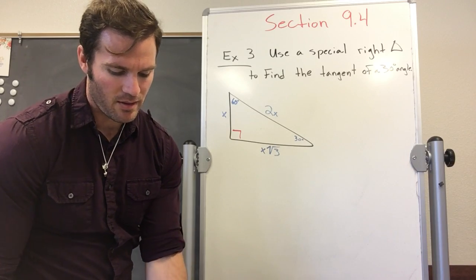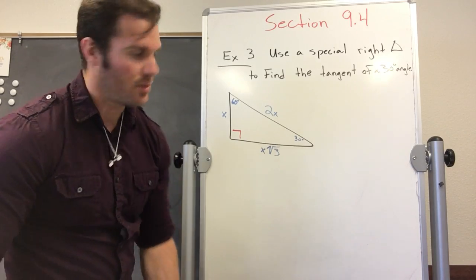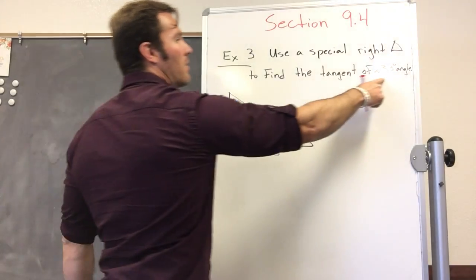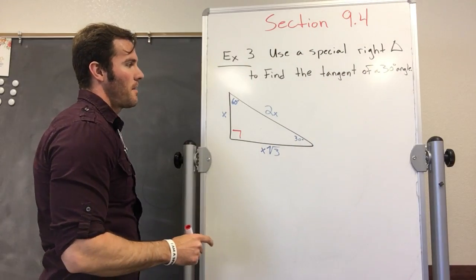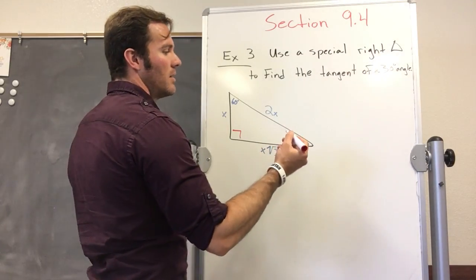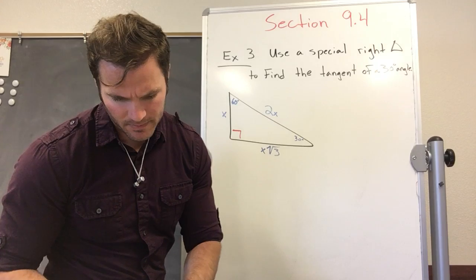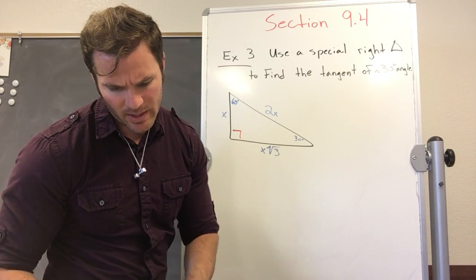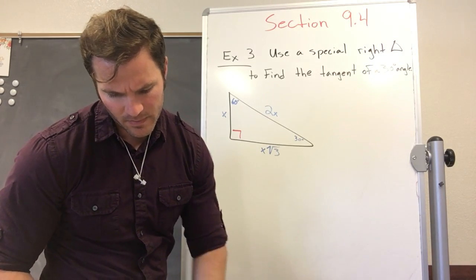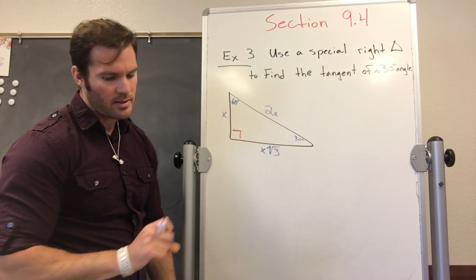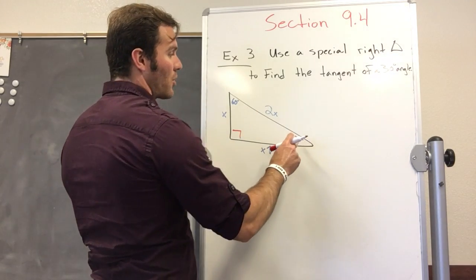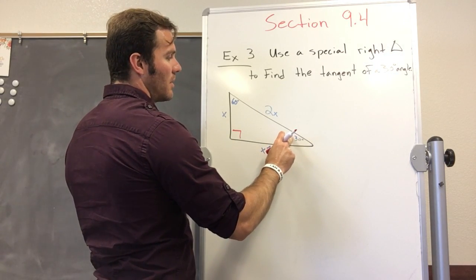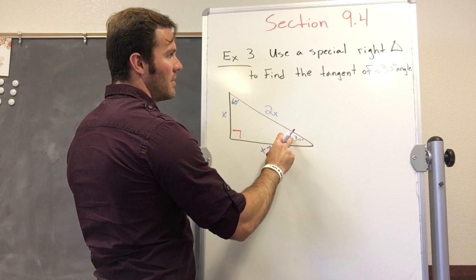So let's use that theorem and let's do tangent of a 30-degree angle. So we have tangent. So what do we need to solve here? Okay, so we're going from this angle here.